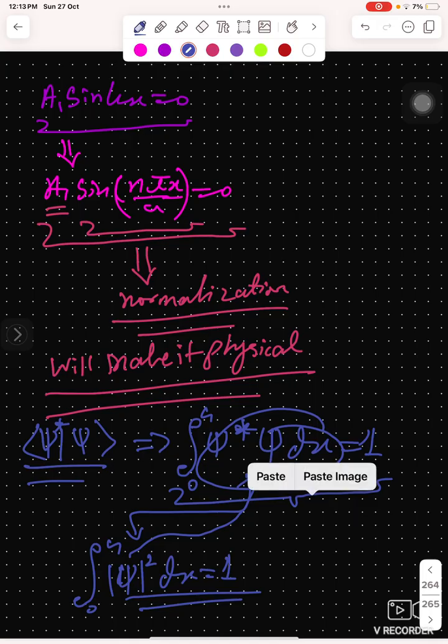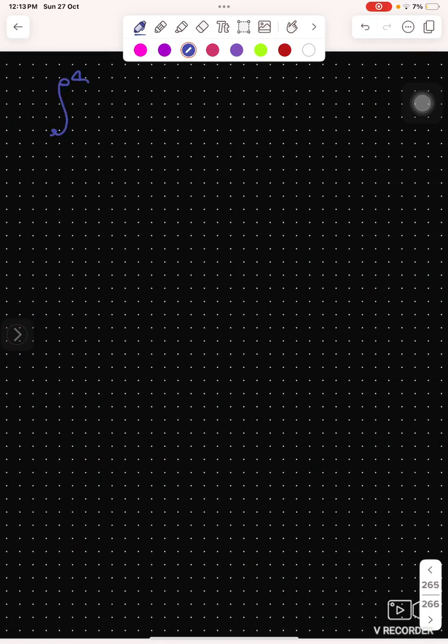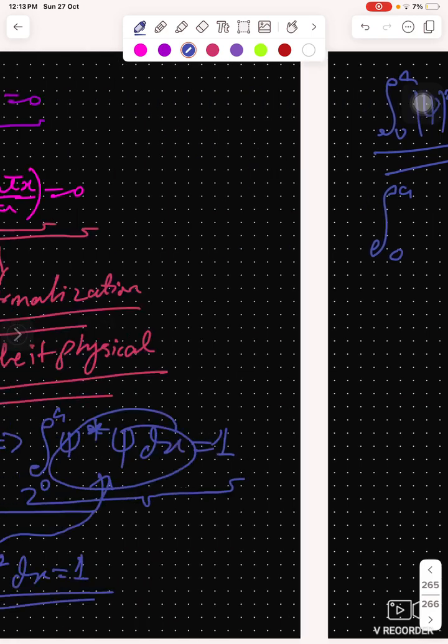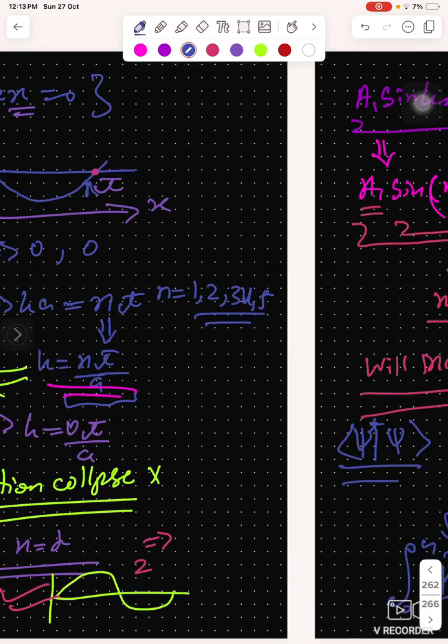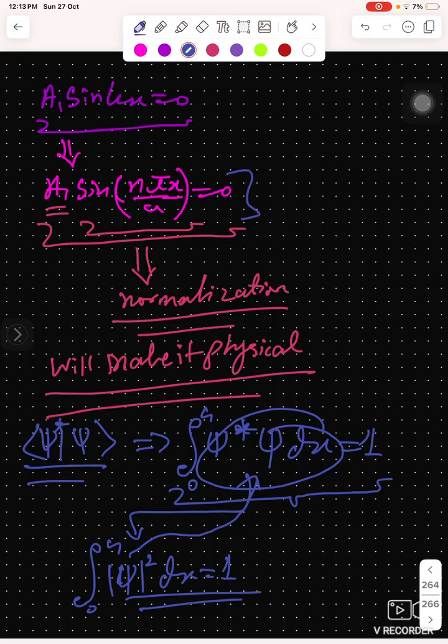So for simplicity, when we write this, now here apply the equations. What are our equations? Over here we have this equation.